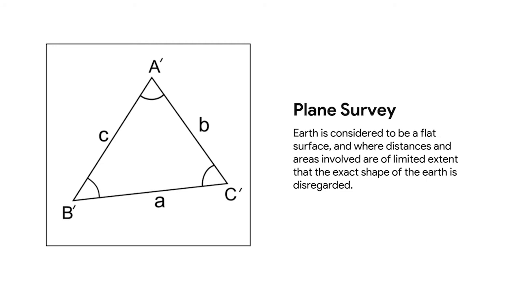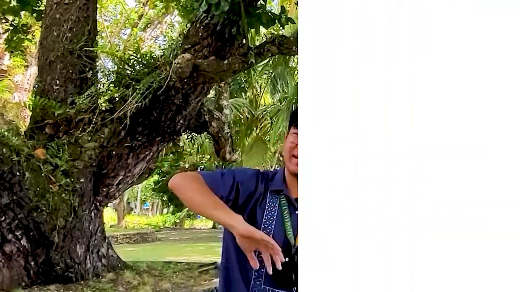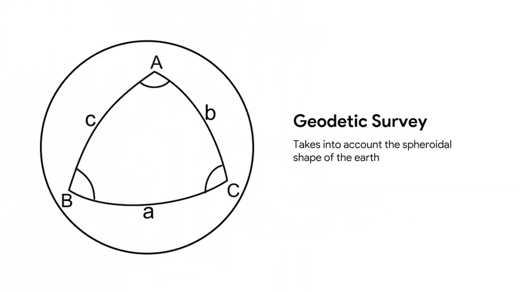Our Earth's shape is a spheroid, right? So if you measure a certain area on the Earth by using plane surveys, you are not considering the curvature of the Earth. But in geodetic surveys, we do consider the spheroidal shape of the Earth.